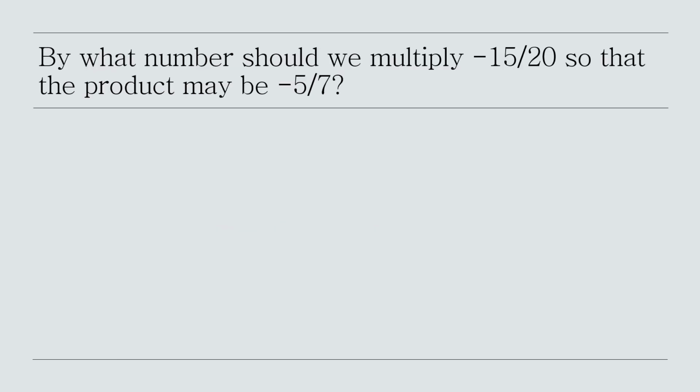By what number should we multiply minus 15 by 20? See, this has to be multiplied by some number so that the product, the result, is minus 5 by 7, right? Okay, so can I consider it as any random number, x, y, z, any variable? Let's keep it here.